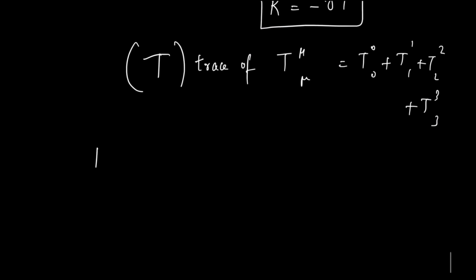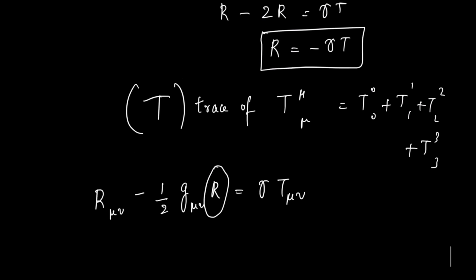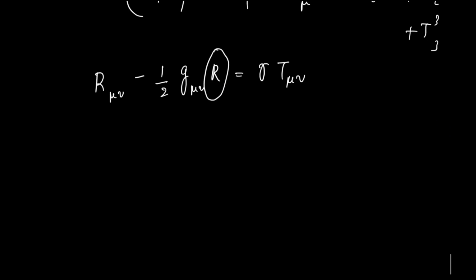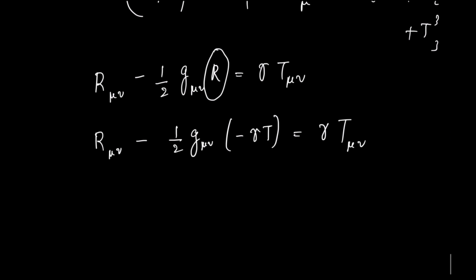The Einstein field equation was R mu nu minus half g mu nu R is equal to gamma T mu nu. So here instead of R, I can write minus gamma T. So R mu nu minus half g mu nu times minus gamma T is equal to gamma times T mu nu.